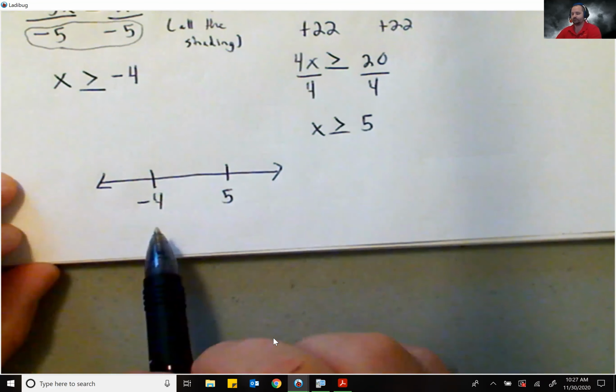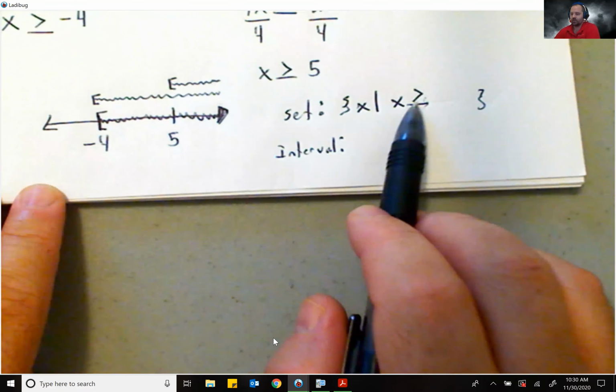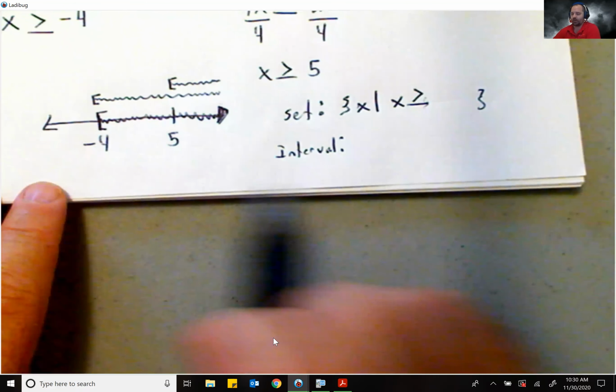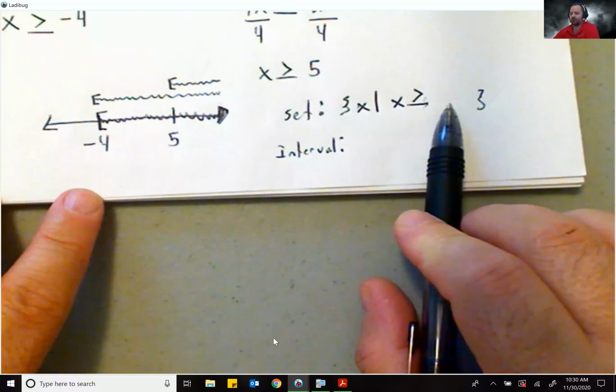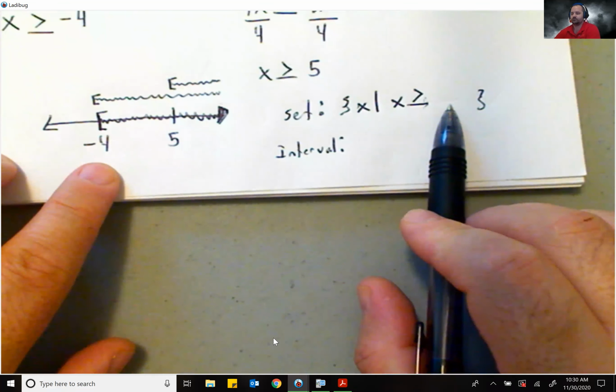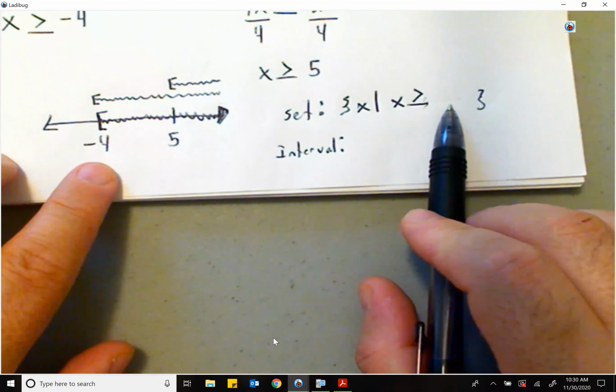Greater than or equal to. It is going to be a greater than or equal to because it is a bracket and it shades to the right. Shading to the right is always a greater than sign. And it's a bracket because we're equal to. And then all you have to do is tell me where it started. Where did this shading start? -4.